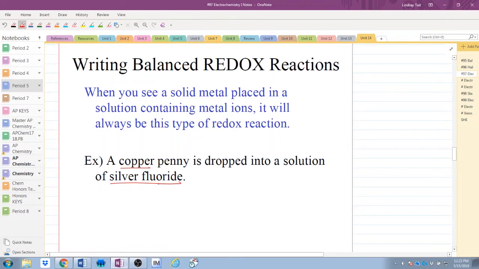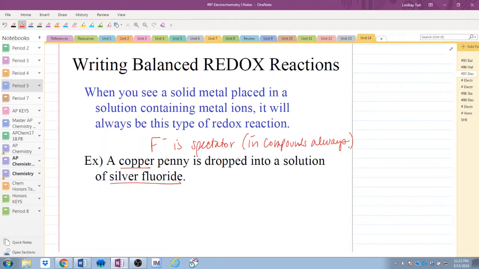The point I'm getting at is that fluoride in this case is the spectator ion. Fluoride is a spectator in compounds, always. These are aqueous salts, which means they always dissociate, so your F minus is going to be a spectator. It's going to appear on both sides and can cancel out, right?